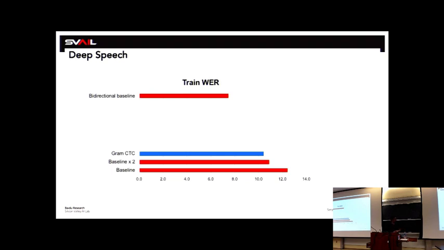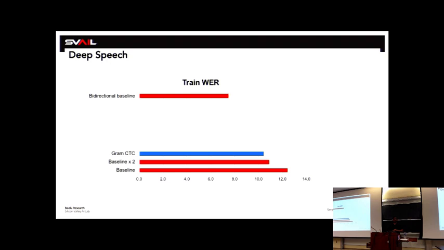By the way, this model is also either state of art or second on the Fisher switchboard challenge at this point. The word error rate is 7.3 for a single model on the switchboard set. Yeah, for a single model using only in-domain data.